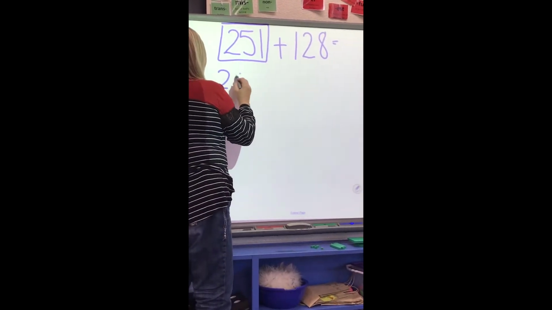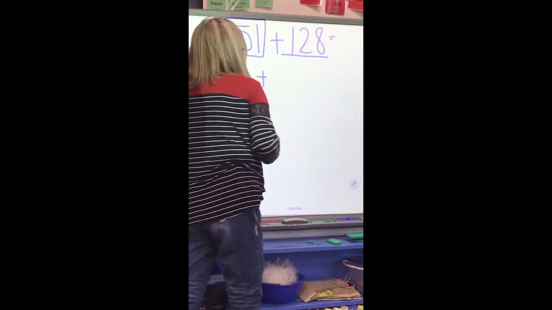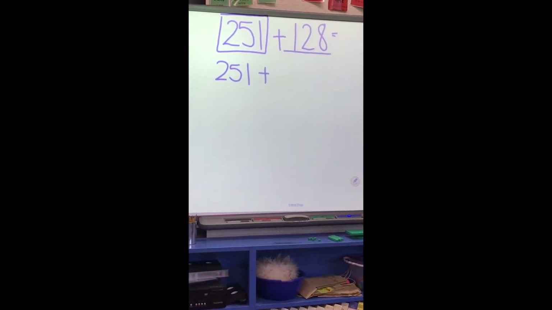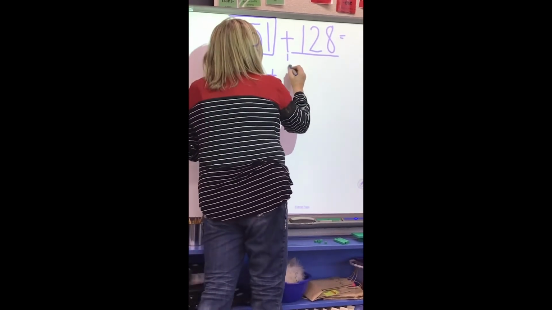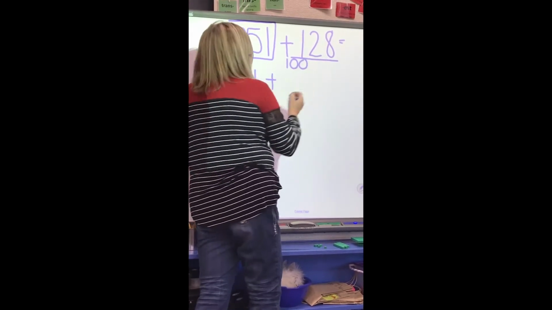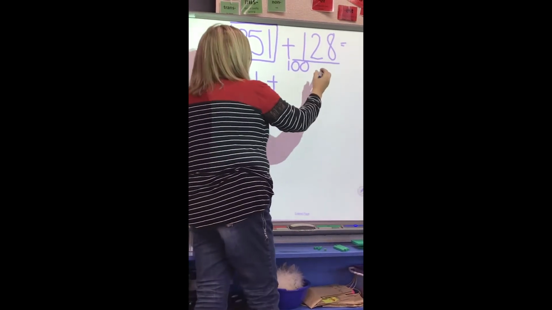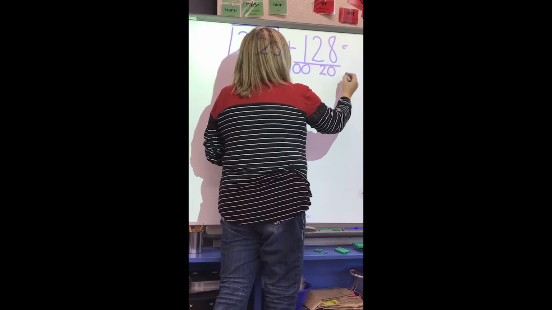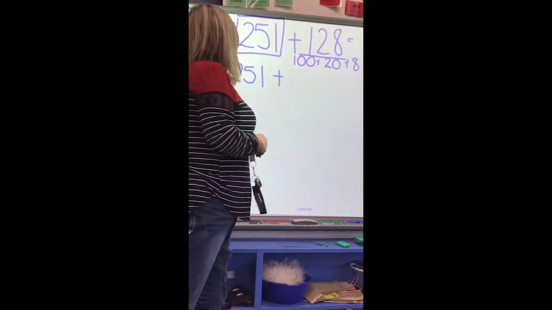And I just write it again. The second number is the number that I do decompose or write in expanded notation. And so I just underneath here, just so that I don't get confused as to what I've added, I put 120 and 8. And they can put little addition signs in there if they want to.